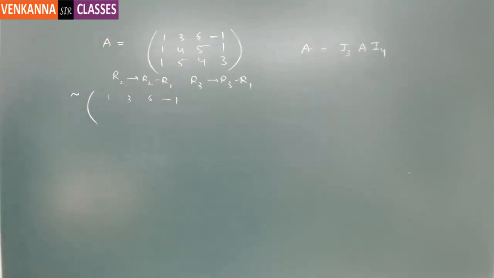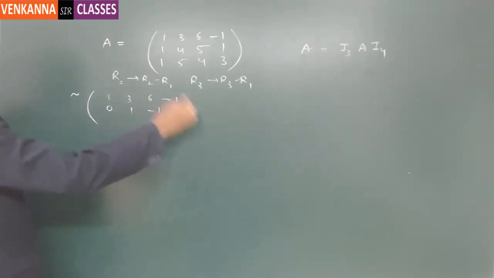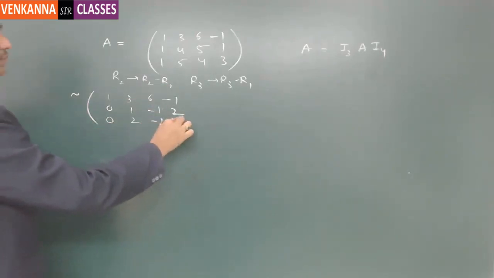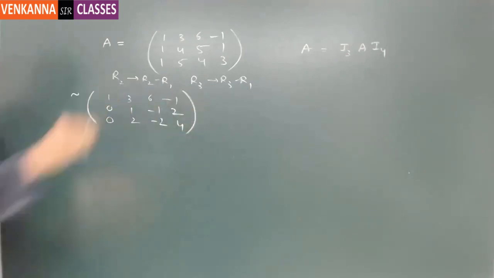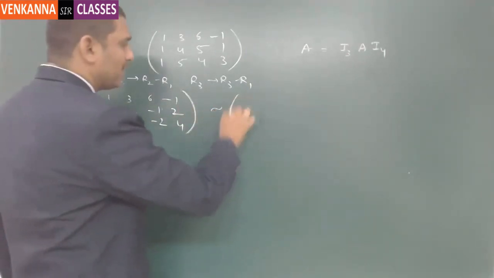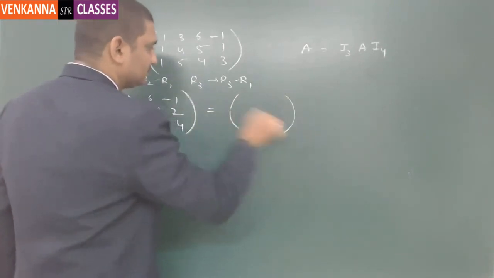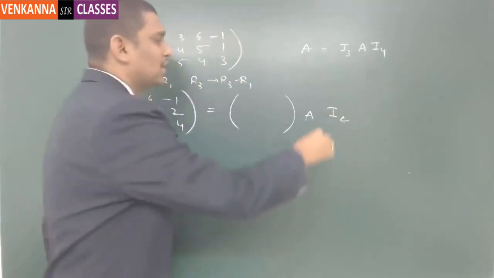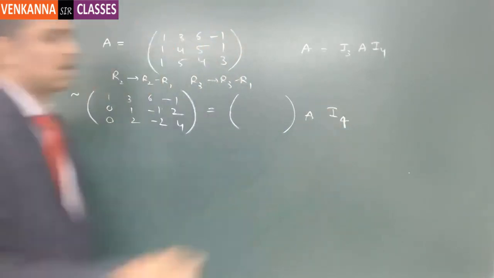Then you have 0, 1, minus 1, 2. Then you have 0, 2, minus 2, 4. And this side, you will have the matrix of the form A will be as it is, I4 will be as it is, because you are writing only row operations, not the column operations.